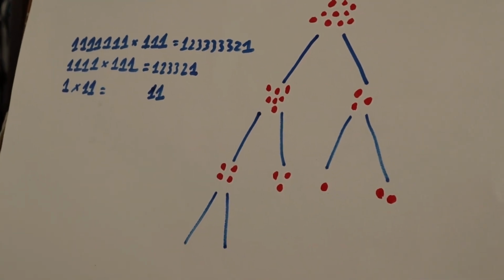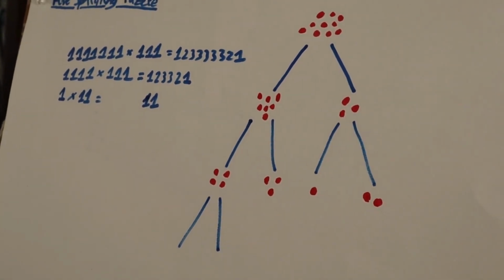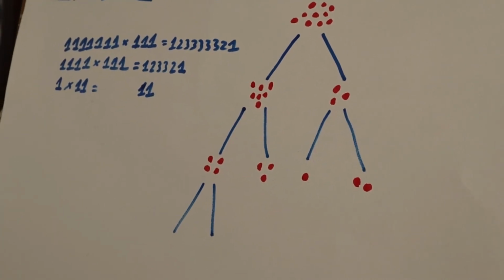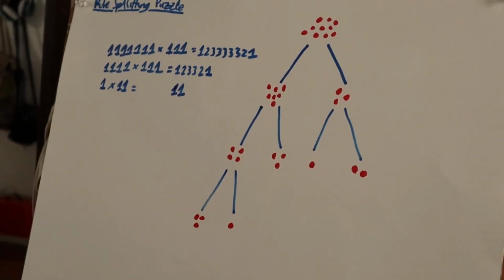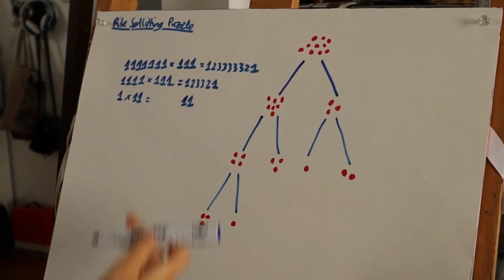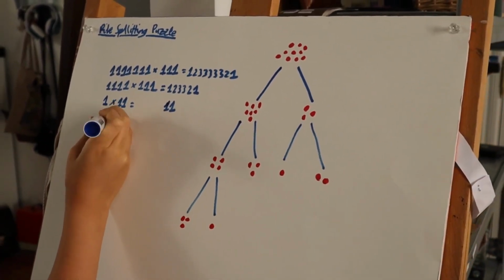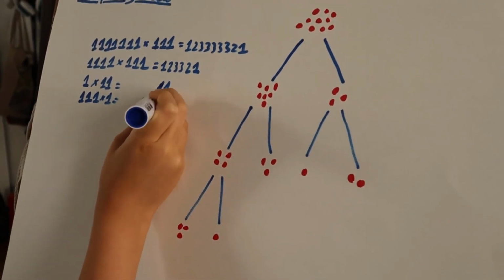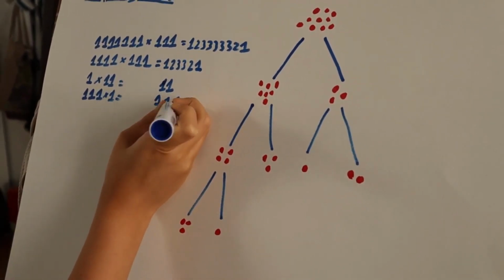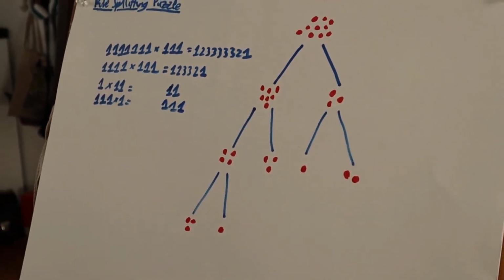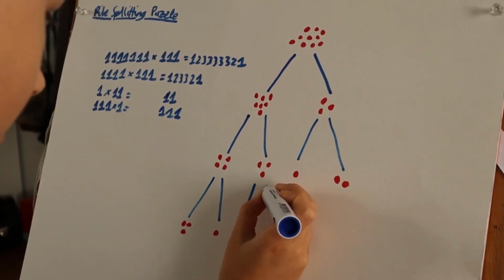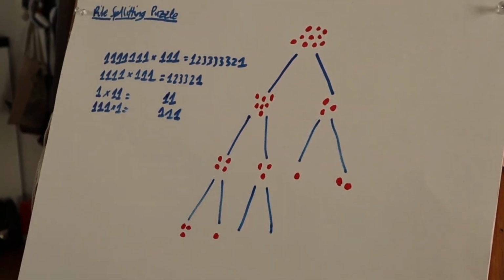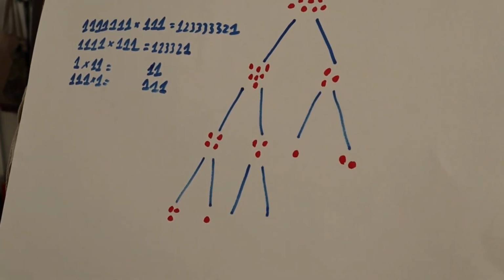Split 4? Let's say 3 and 1 again. Okay. So this is 1, 1, 1 times 1, and that's 1, 1, 1. Next up. Split 3? 2 and 1. Yeah, 2 and 1.